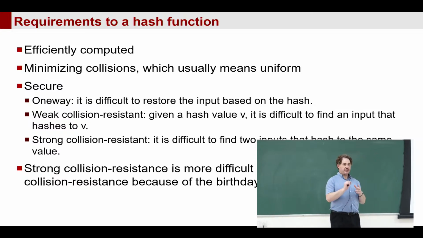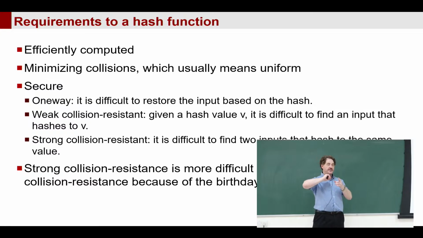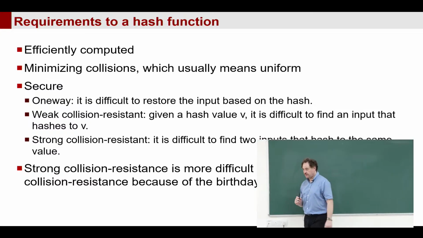If someone intercepts the message and finds a different message that maps to the same hash, then the attacker could easily replace the original message and break the signature. So that's not good.